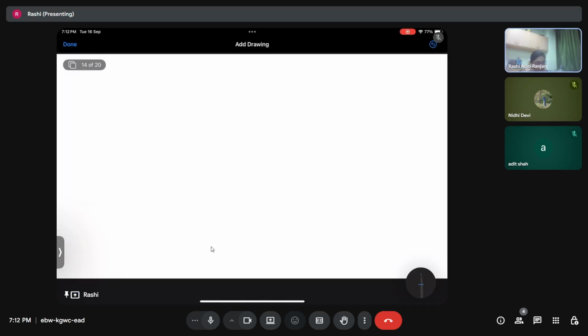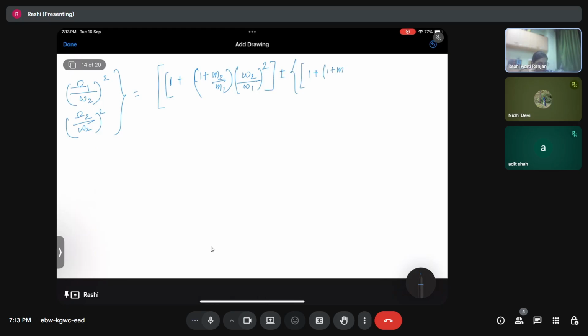This equation says that capital omega 1 by omega 2 square, capital omega 2 by omega 2 square, both of them are equal to 1 plus 1 plus m2 by m1 into omega 2 by omega 1 square, plus minus under root of (1 plus 1 plus m2 by m1 into omega 2 by omega 1 square) whole square, minus 4 omega 2 by omega 1 square, to the power 1 by 2, whole divided by twice of omega 2 by omega 1 square.